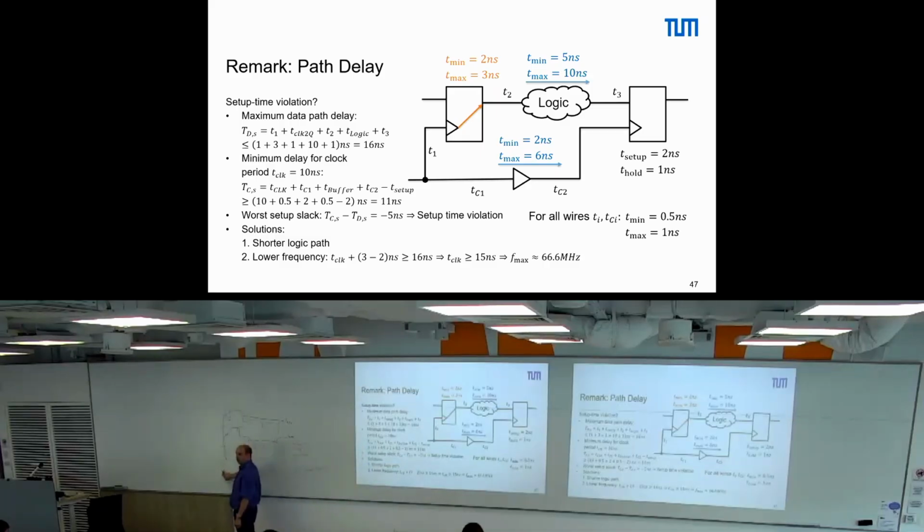Why? Because we need to ensure that the signal that is sent here with a rising clock edge arrives here early enough before the next rising clock edge. This is what we check in our physical design, or also in our synthesized design already.